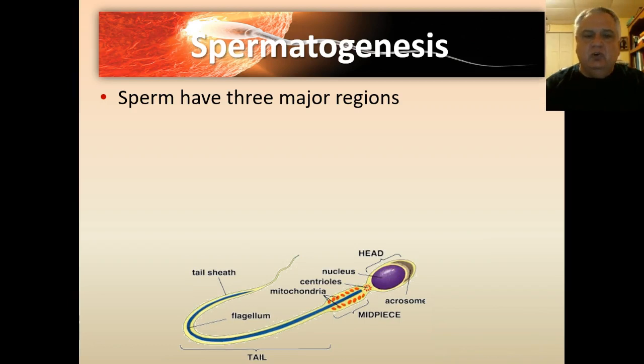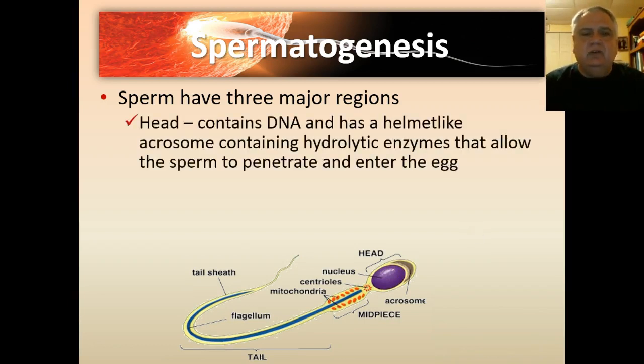By the way, a mature sperm cell actually has three major regions to it. The first region is referred to as the head. The head we can see right here. It contains DNA, and it has a helmet-like structure over its surface. This helmet-like structure, the acrosome, contains hydrolytic enzymes. These enzymes will allow the sperm, when it meets up with an egg cell, to penetrate and enter the egg cell.